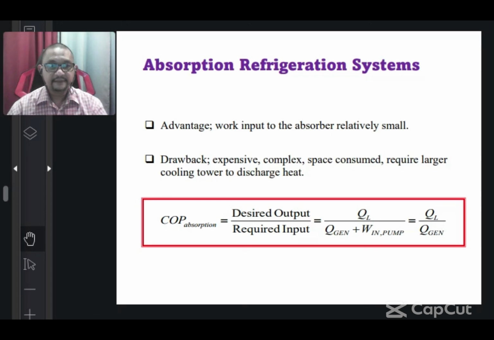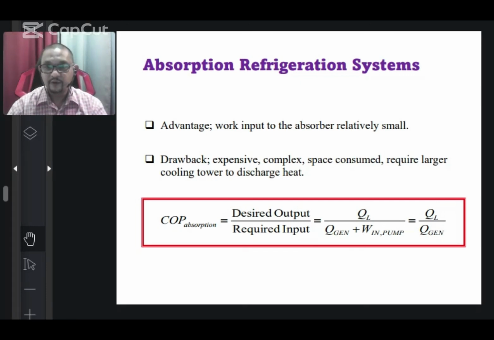They are more complex and occupy more space, as I mentioned, and therefore absorption refrigeration systems should be considered only when the unit cost of thermal energy is low and is projected to remain low relative to electricity. Absorption refrigeration systems are primarily used in large commercial and industrial installations.